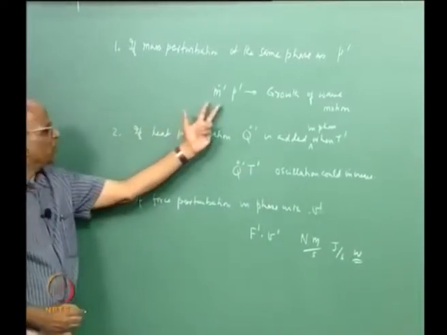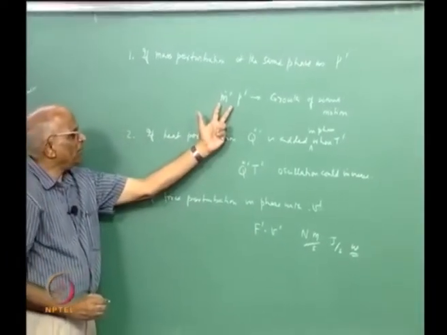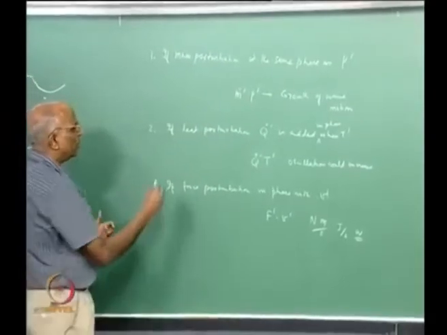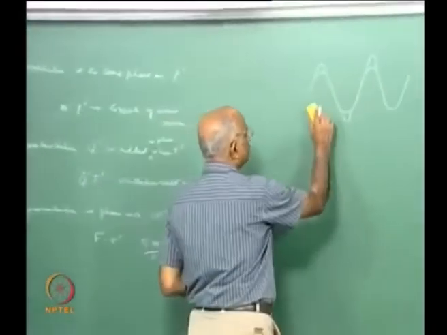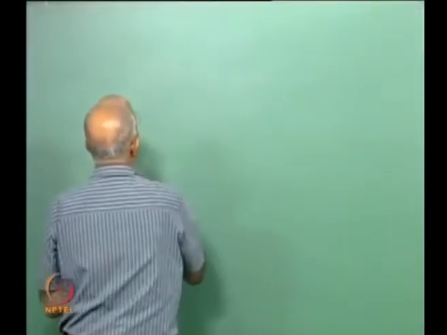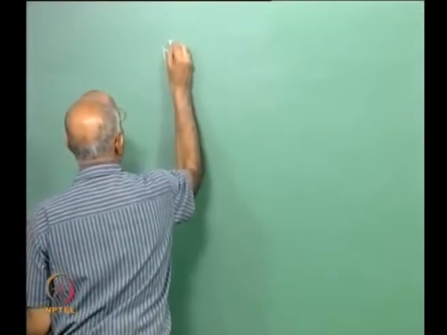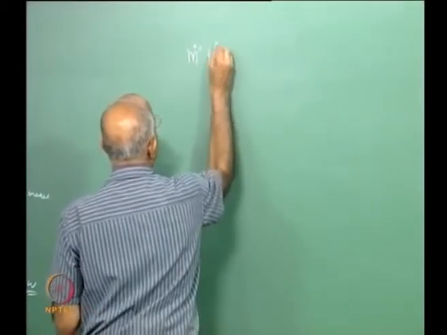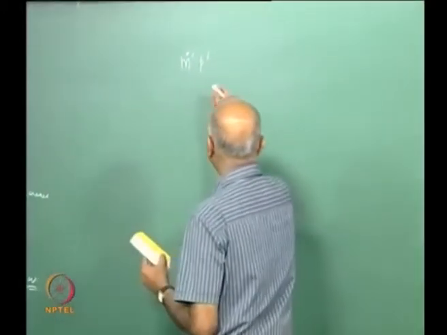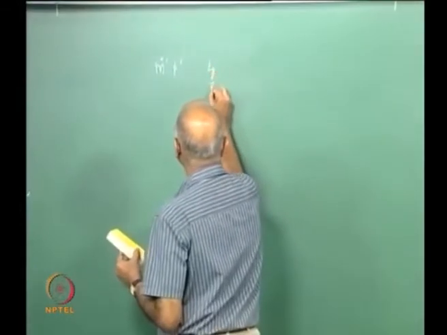If I were to put a unit over here, what is the unit I get? Let us put the unit over here for m dot p. M dot p is so much kilogram per second.